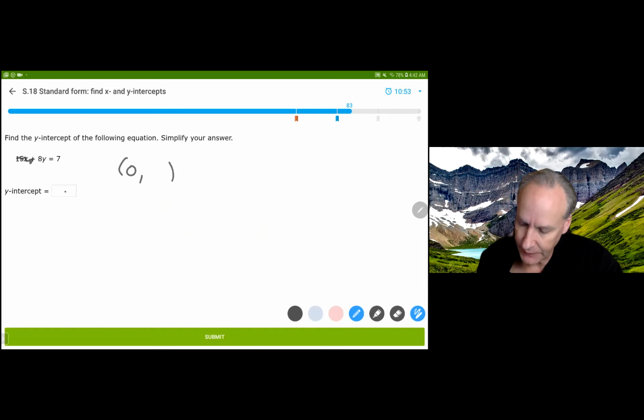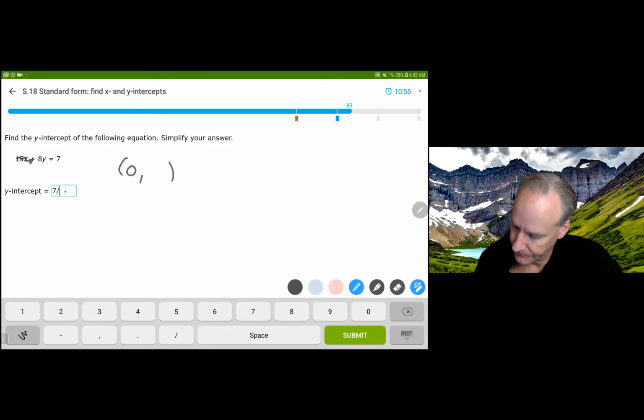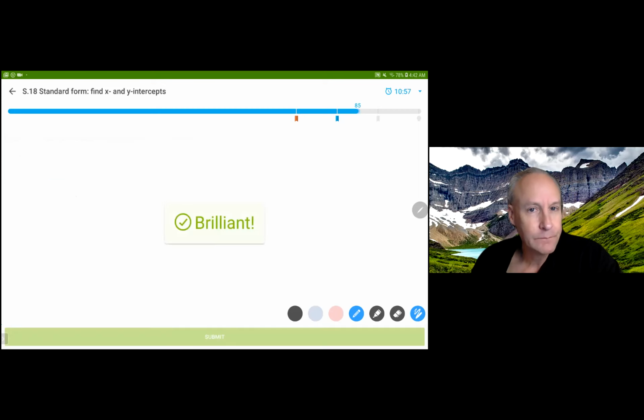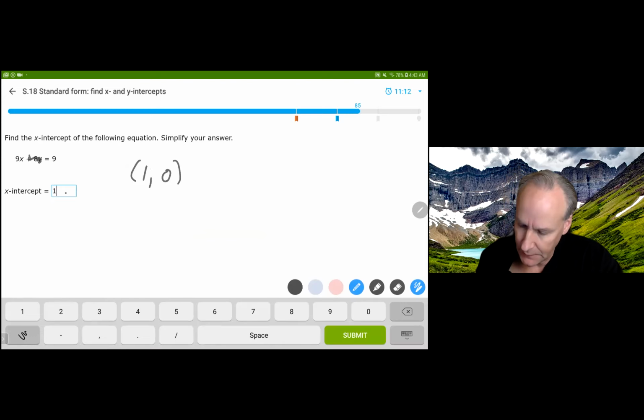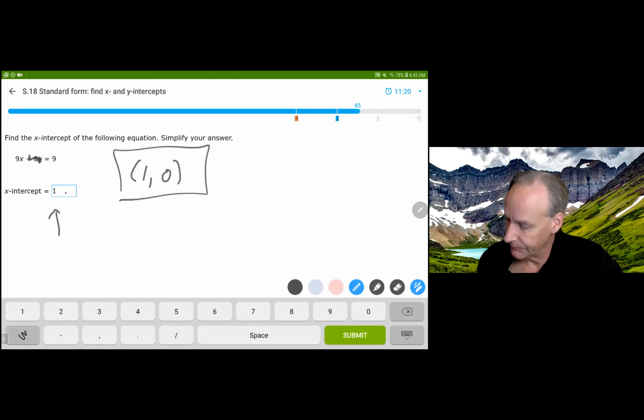And I get 7/8. And in this one, I want the x-intercept, which is when y is equal to 0. You'll notice I keep writing this down, and there's a really good reason for that. First of all, that is just the value where it crosses the x-axis. This is the actual point, which is the intercept.